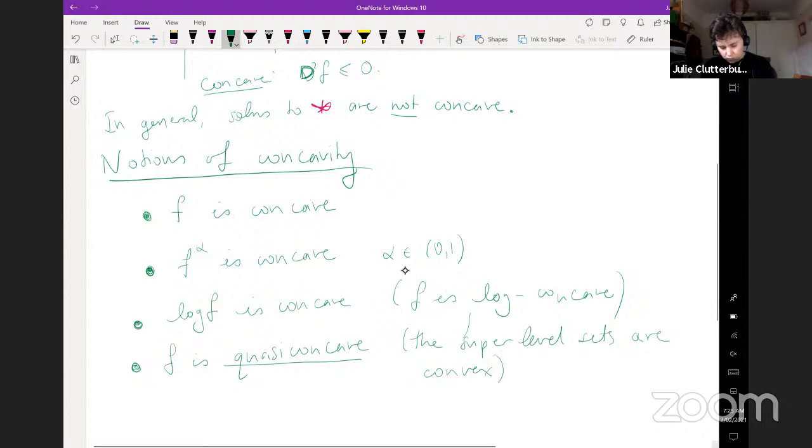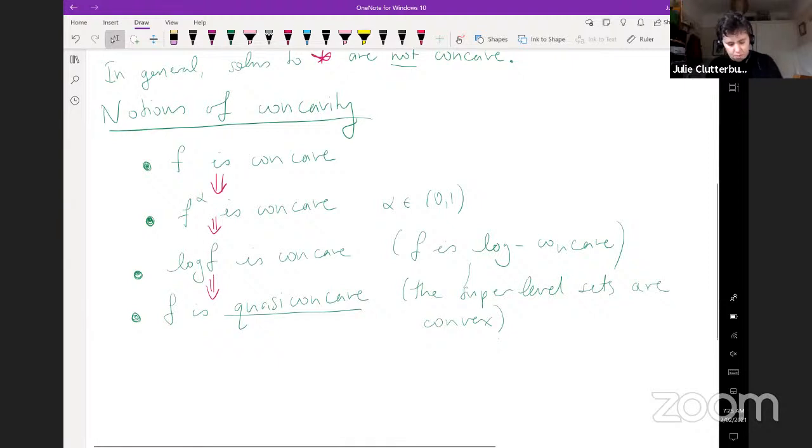So these are completely ordered. This one implies all of those. And you can see that this quasi-concavity property is really, really weak.